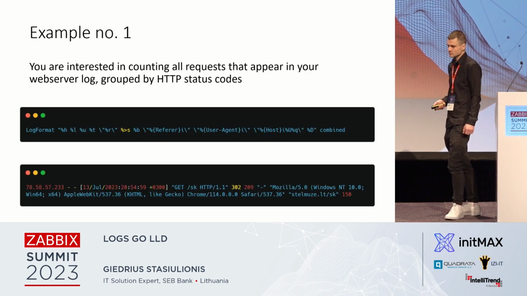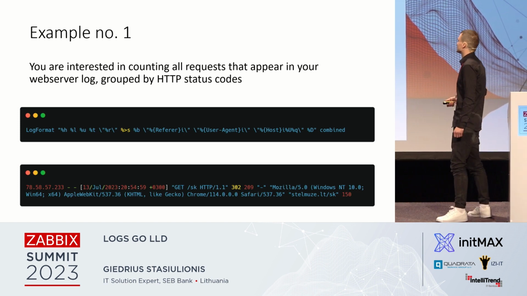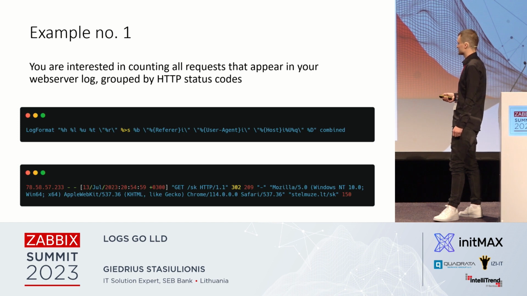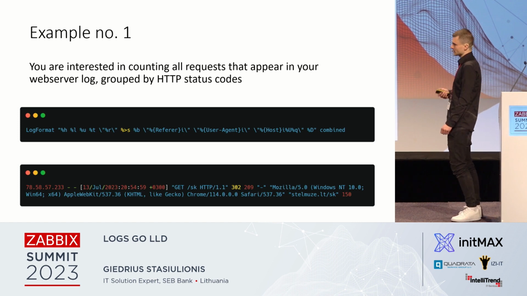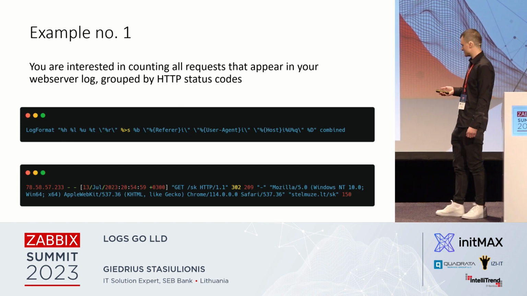Let's take an example, and maybe you will better understand how it works. Imagine that you would like to count all the HTTP status codes that appear in your web server log. The Apache config looks like that, and you would like to catch this highlighted part and count it later on. This is the real line example.